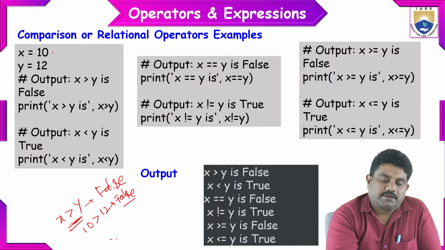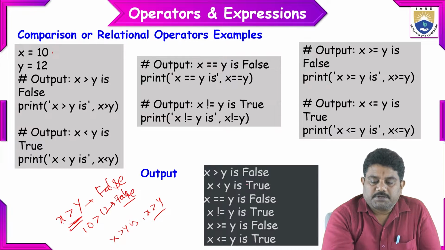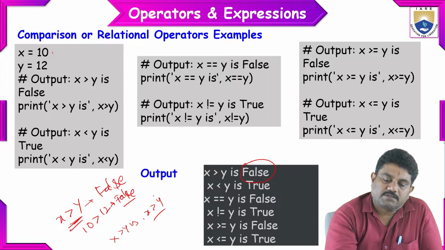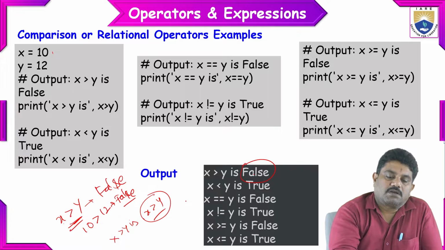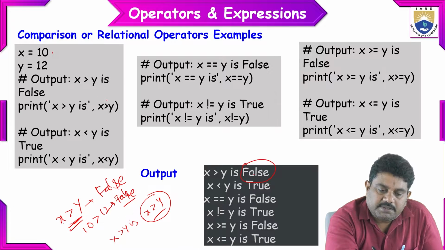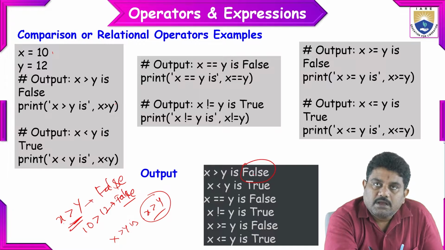Print x greater than y. What is it printing? x greater than y is false, because 10 is not greater than 12; 10 is less than 12.